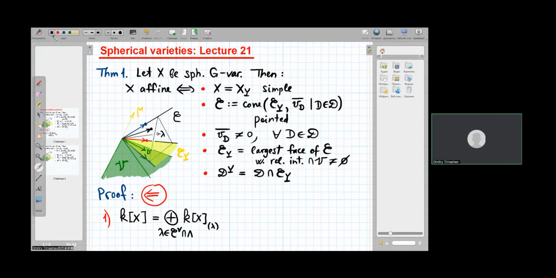Okay. So this algebra is actually a finitely generated algebra.